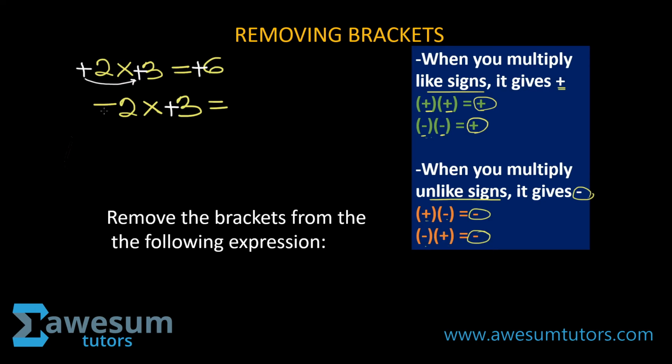So that means unlike sign is negative right here, multiplied by positive right here. We said that is going to give you negative. 2 times 3 gives me 6. So that means negative 2 multiplied by positive 3 gives me negative 6.